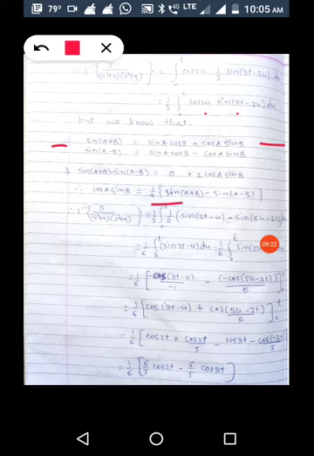So using this fact, I have written here L inverse of s divided by (s square plus 4) into (s square plus 9) equal to 1 by 3 integral 0 to t of 1 by 2 [sin (3t minus u) minus sin (u minus 3t)]... with the arguments 3t minus u and 5u minus 3t, du. Now separate the integrals and write the integral value of this.